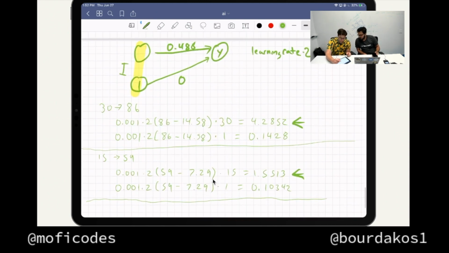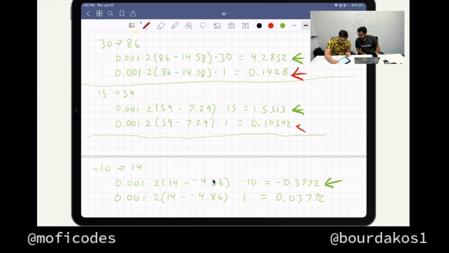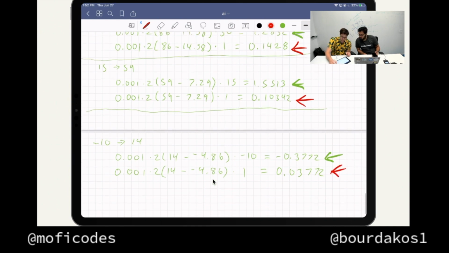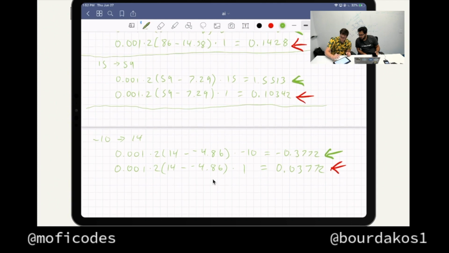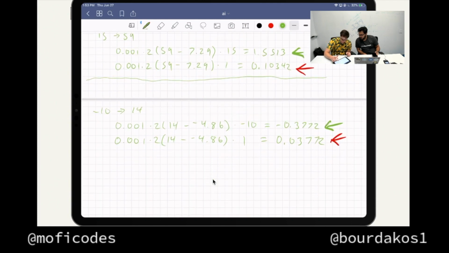And then for the bias, we need to add this and this. Okay. So I'm going to do the sum in green for the weights.